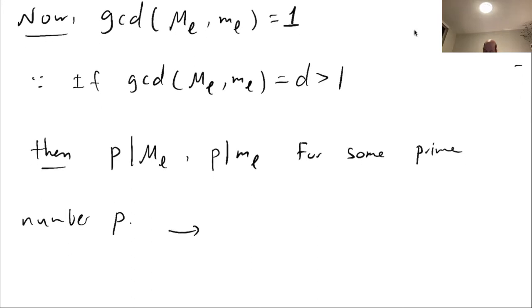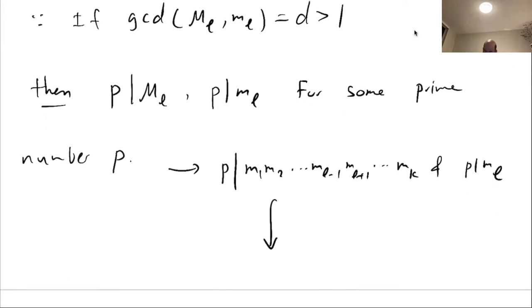So what does that mean? P divides capital ML, which was M1, M2, up to ML minus 1, ML plus 1 to MK, and P divides ML.